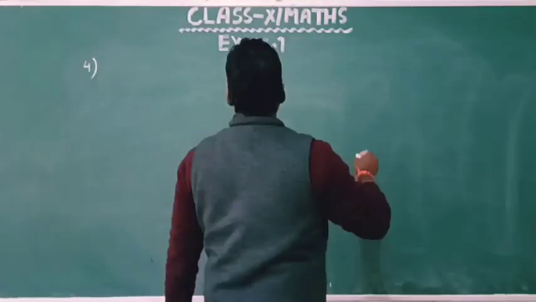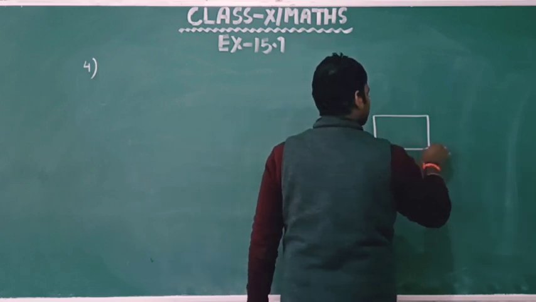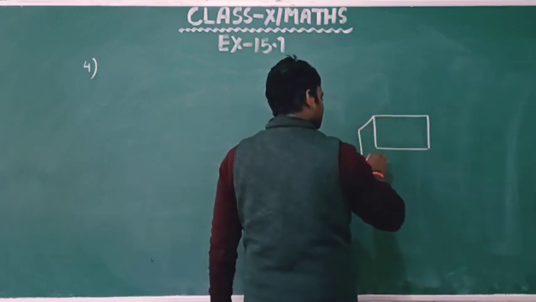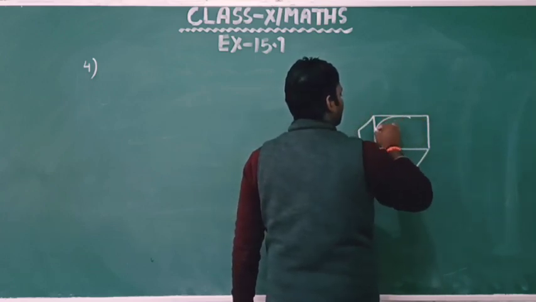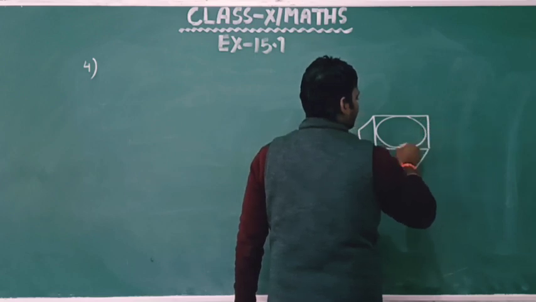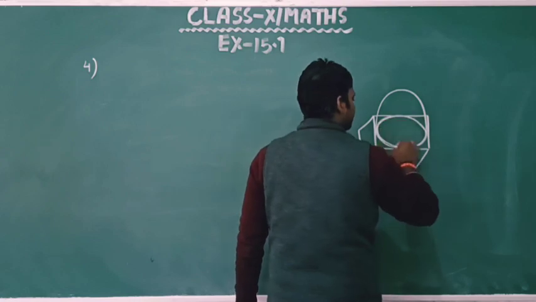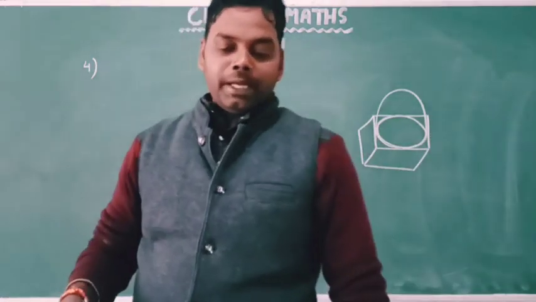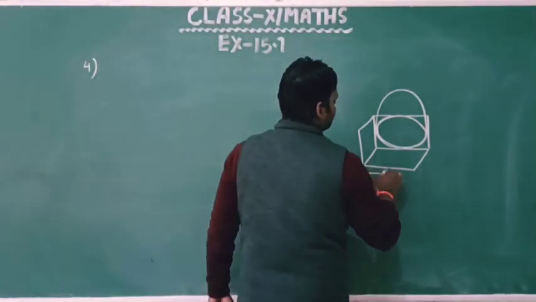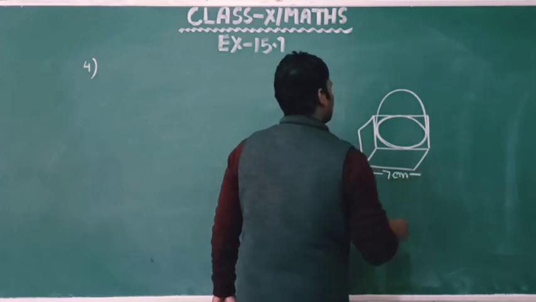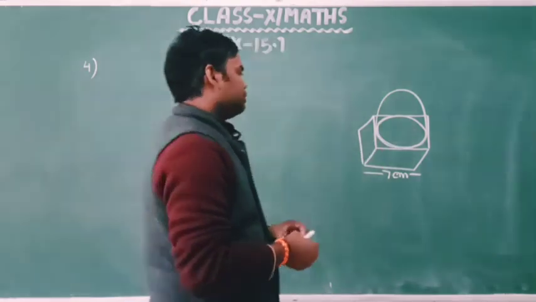So we have a cubical block, and on this block the hemisphere is mounted. The side of the cubical block is also given, 7 centimeter.